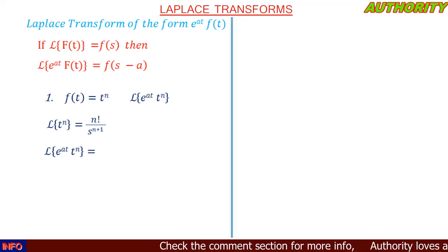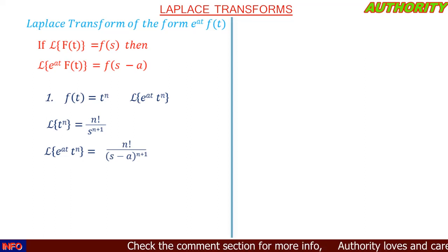We say anywhere we see s, we replace it with what? S minus a. So in this case now we have n factorial all over s minus a raised to the power of n plus 1.